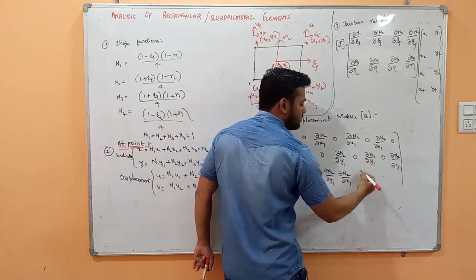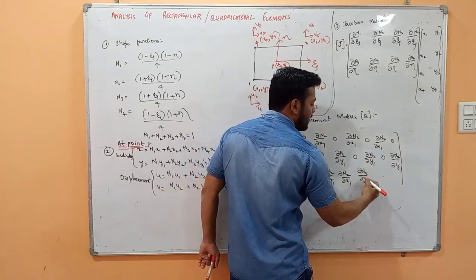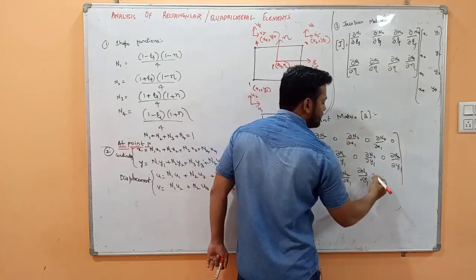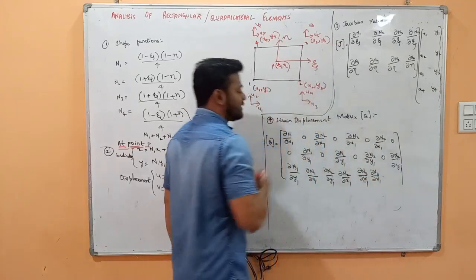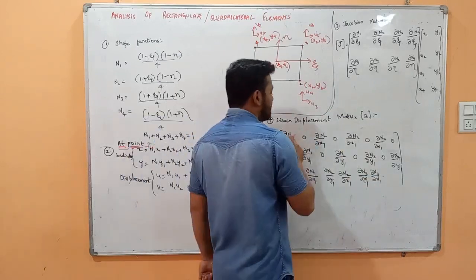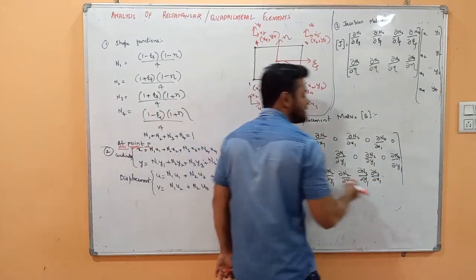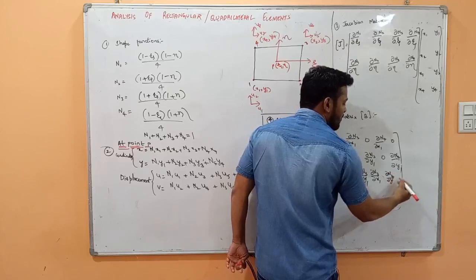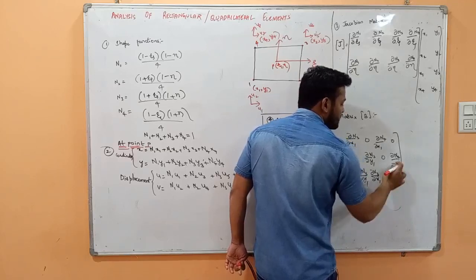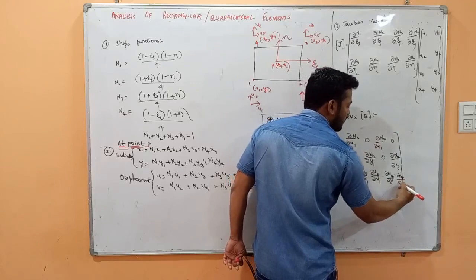This value here, ∂N3/∂y1, and this value here. So differentiation we can do once we get the N1, N2, N3, N4 values, and we are going to do it while solving the problems. This value here and this value here.